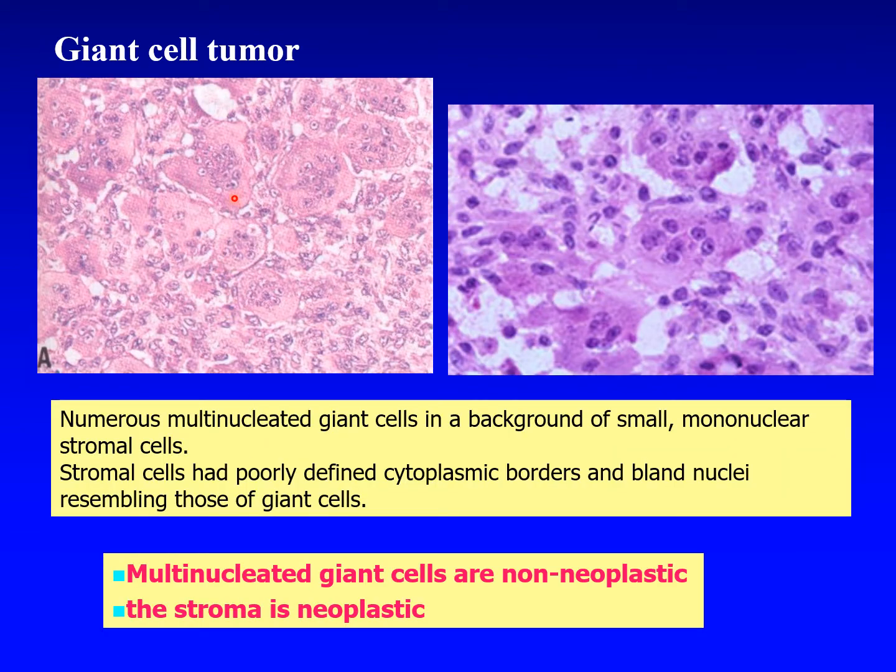Usually there are numerous multinucleated giant cells that can be seen histologically with a background of small mononuclear stromal cells. Remember, the stromal cells are the neoplastic cells and the multinucleated giant cells are the non-neoplastic cells. The stromal cells, like these ones, have poorly defined cytoplasmic borders and their nuclei resemble the nuclei of the giant cells.